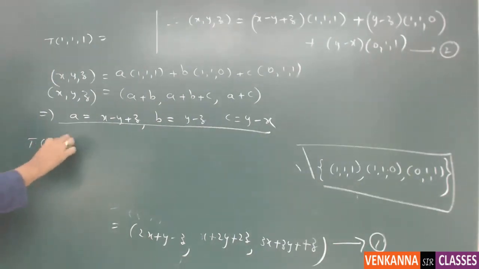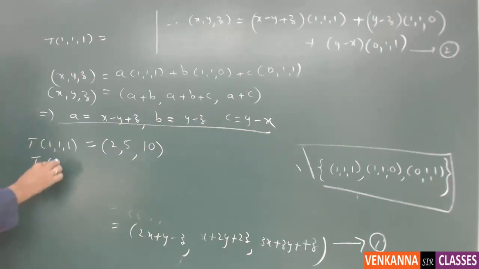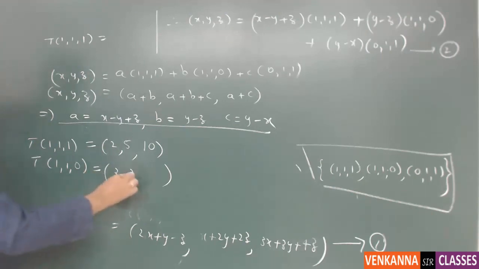So T of 1, 1, 1 is equal to 2, 5, 10. Then T of 1, 1, 0 is 3, 3, 6.